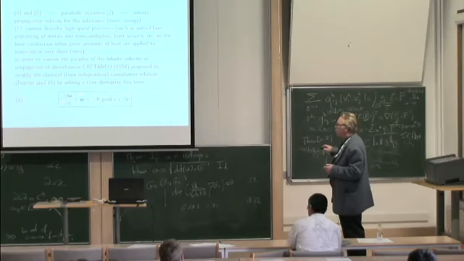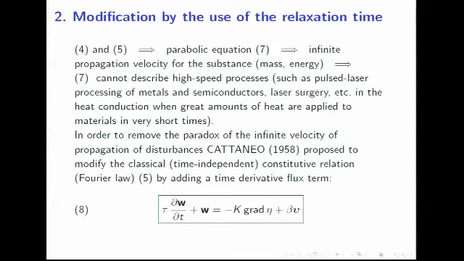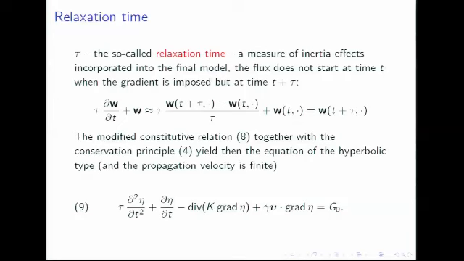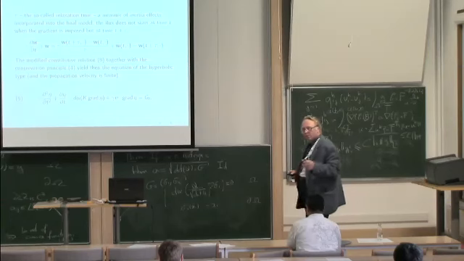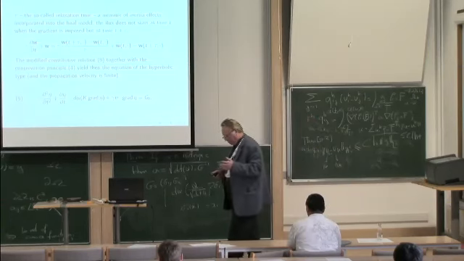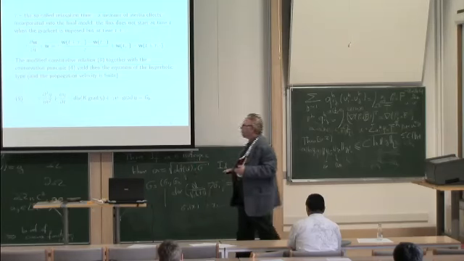This term, tau dw by dt plus w equals minus k gradient eta plus beta v. This constant tau is called the relaxation time. What is the meaning of the left-hand side of this constitutive law?